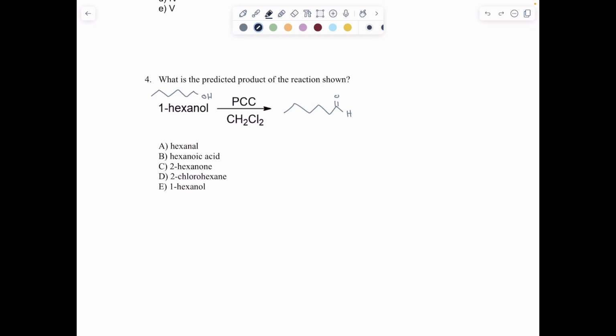So we know it's an aldehyde. Option A is the only multiple choice option with an aldehyde because B, hexanoic acid, is a carboxylic acid. C, hexanone, is a ketone. D, 2-chlorohexane, that's not the reaction that took place. And E, 1-hexanol, we know that the reaction happened, so it's not E. So A is the correct answer.